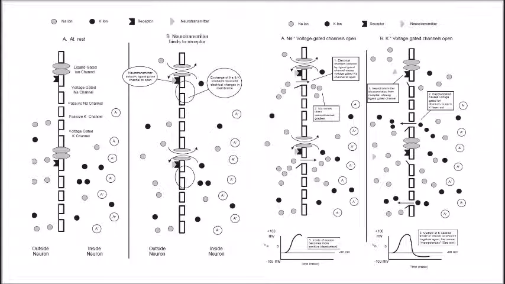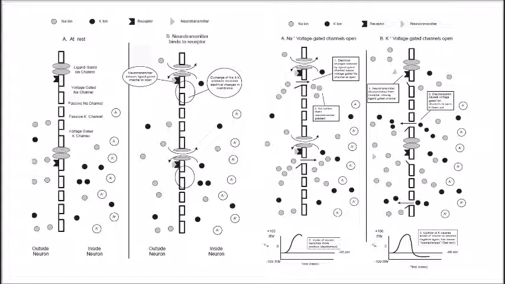Now let's take a look at the basic principles behind the action potential. In A, when the neuron's at rest, we have the passive channels. Those are open there. Those are the ones we just spoke of. To this mix, we'll now add the voltage-gated potassium and sodium channels.